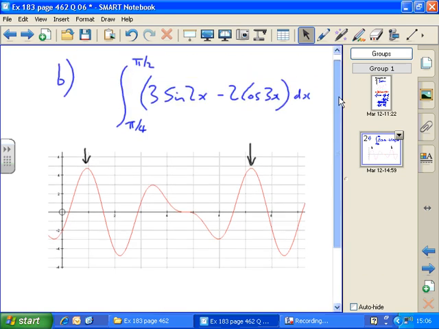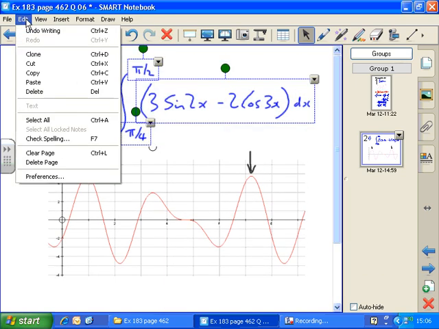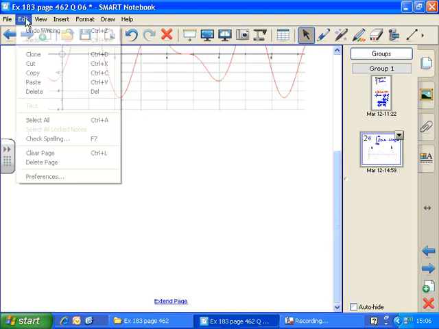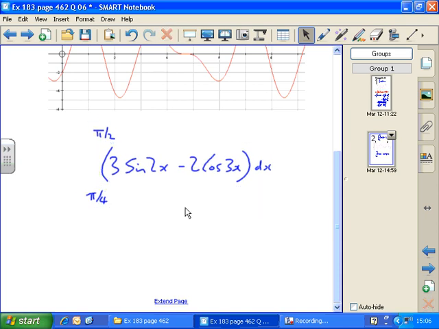So if I take this integral between pi by 2 and pi by 4 and perform the integration, then I say that equals, let's do each one in turn. The sine becomes minus cosine, and the 2 comes out, so this becomes minus 3 over 2 cosine 2x.